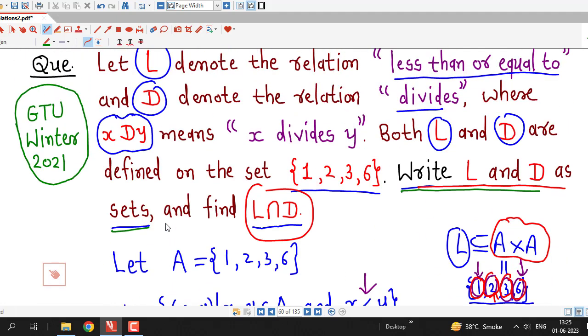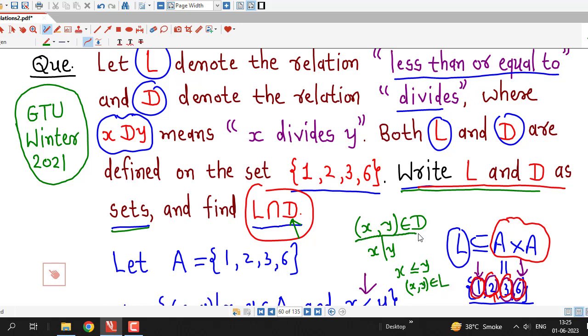Otherwise we can directly write down that L intersection D is D, because whenever an element (x, y) is present in relation D, that means x divides y, and if x divides y, then x is less than or equal to y, and therefore this is present in relation L also.